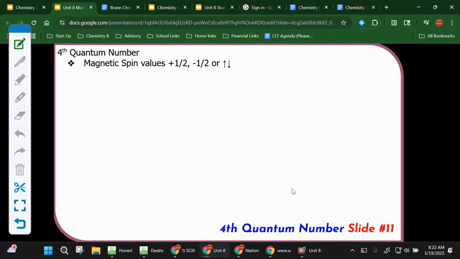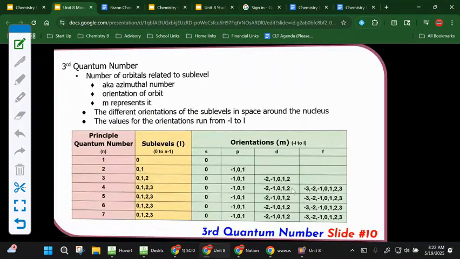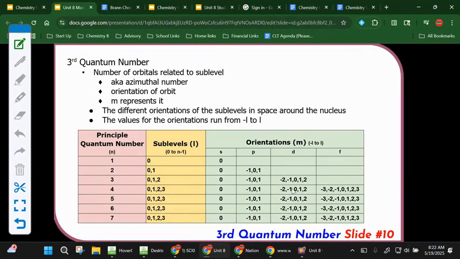Is there any way that this orientates any differently in space as a sphere, or does it look the same no matter how I hold it? That is why there is only one orientation. Sorry, ladies and gentlemen, it skipped forward on me. That is why there is only one orientation of this S suborbital. S, because that's what the 0 represents in terms of a letter.